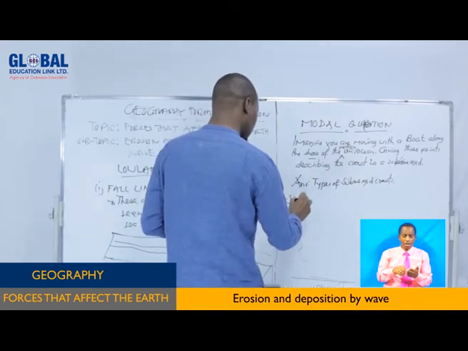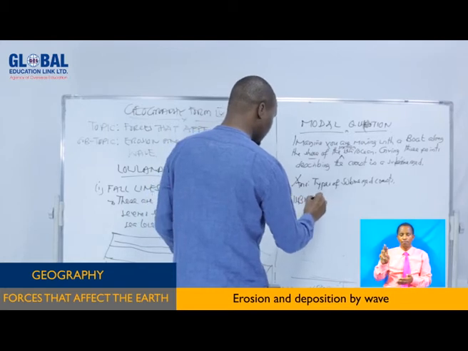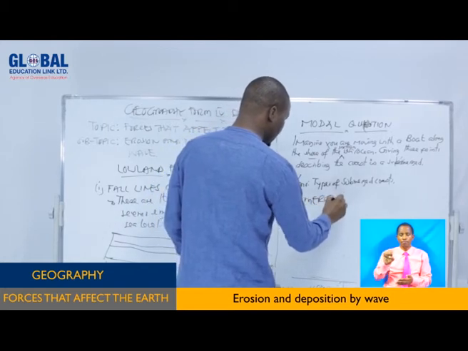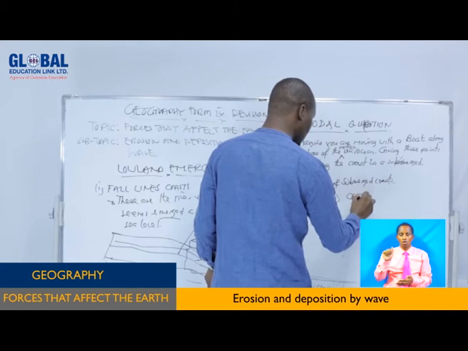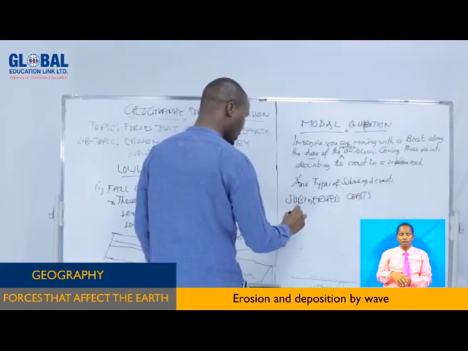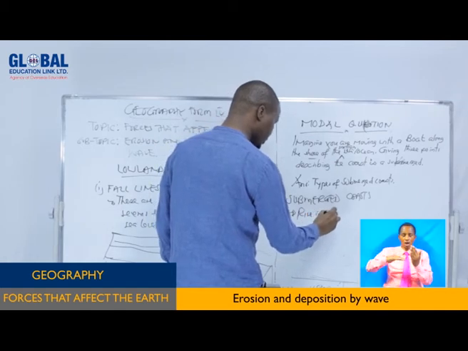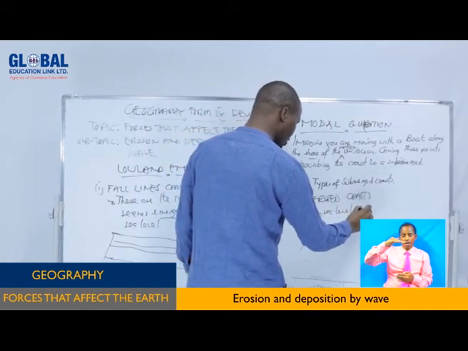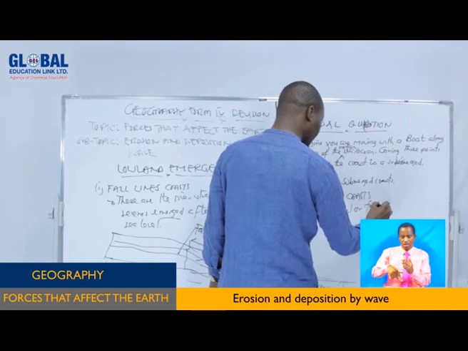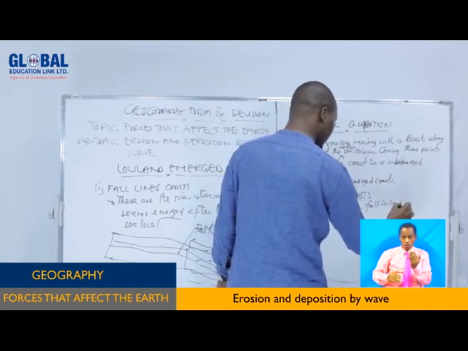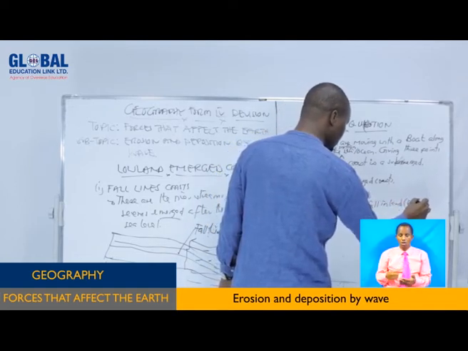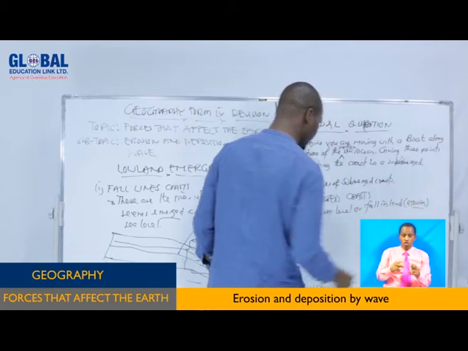See, submerged coast, this is the coast formed by what? By either rising sea level or falling land. Falling land may be due to erosion or earth movement. Are you with me?